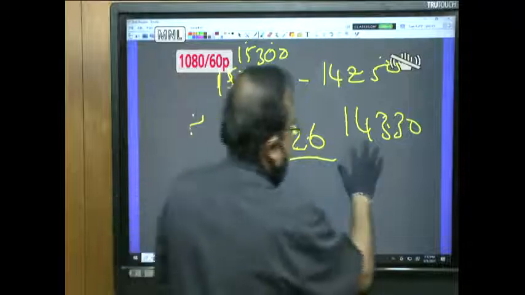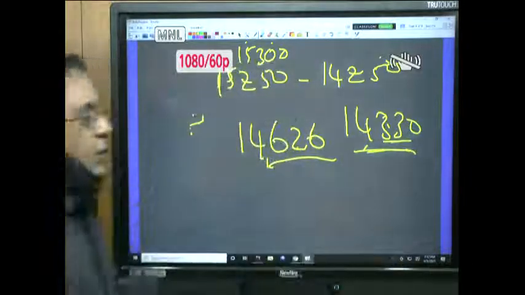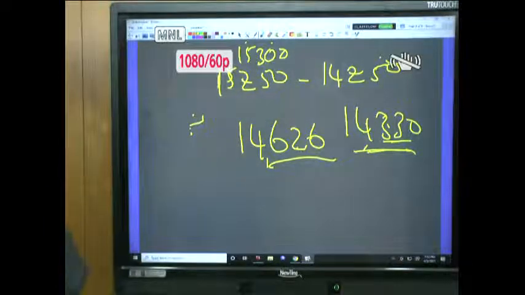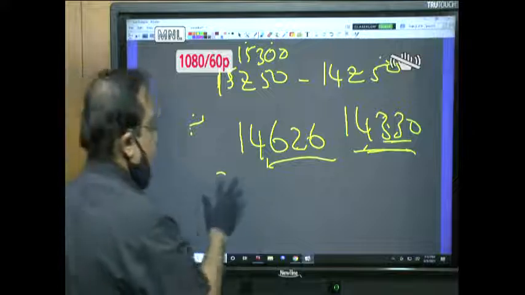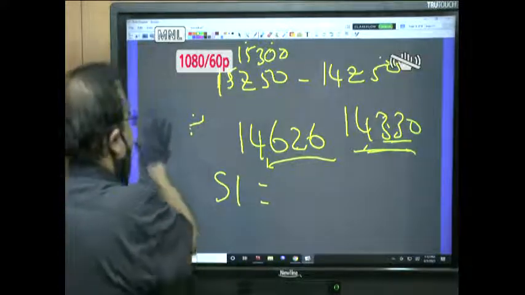Now the close of 14,330 is definitely below this 14,626, which means there is a very high probability that the market can slip. So we have to look at where S1 and R1 are.